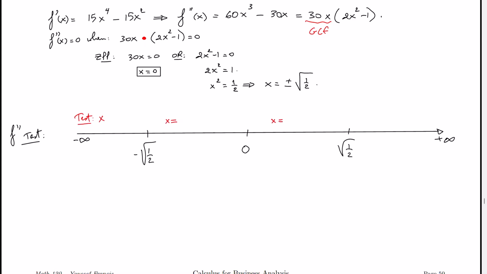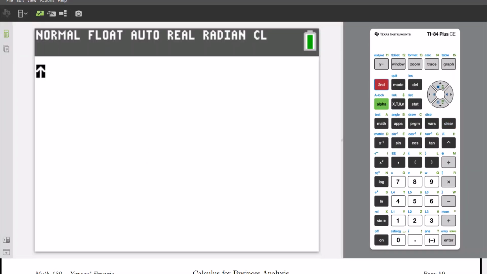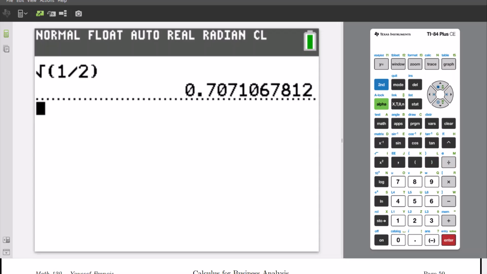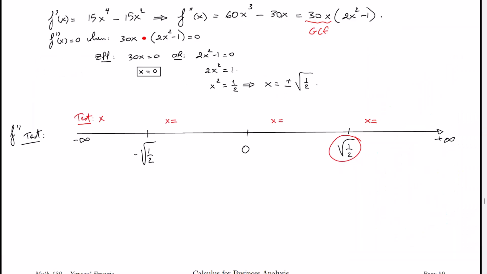And let's see, using our calculator, what the value of square root of 1/2 is, so we can decide accurately which values to test. And so the square root of 1/2 is about 0.7. And remember, we have a negative value, so about negative 0.7 as well. Okay, so that means I can pick safely a negative 10 inside of the first interval.